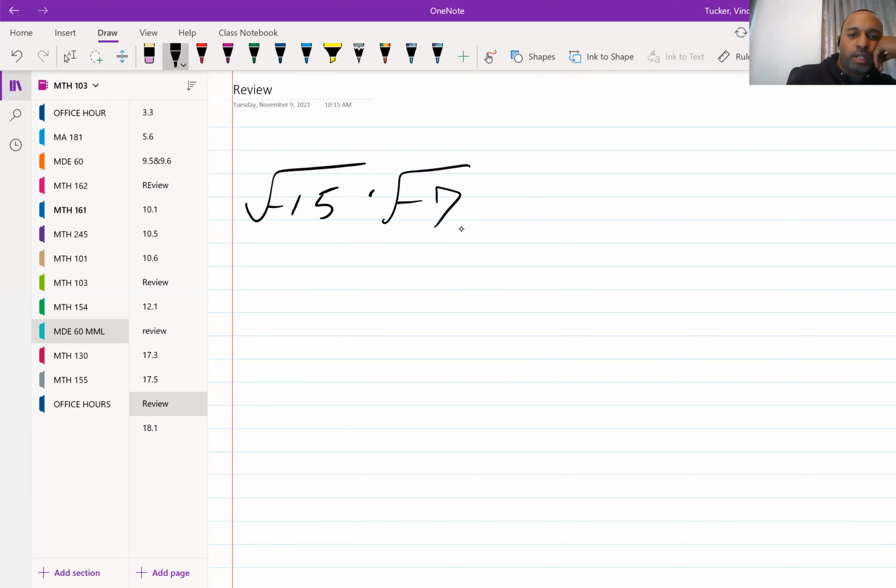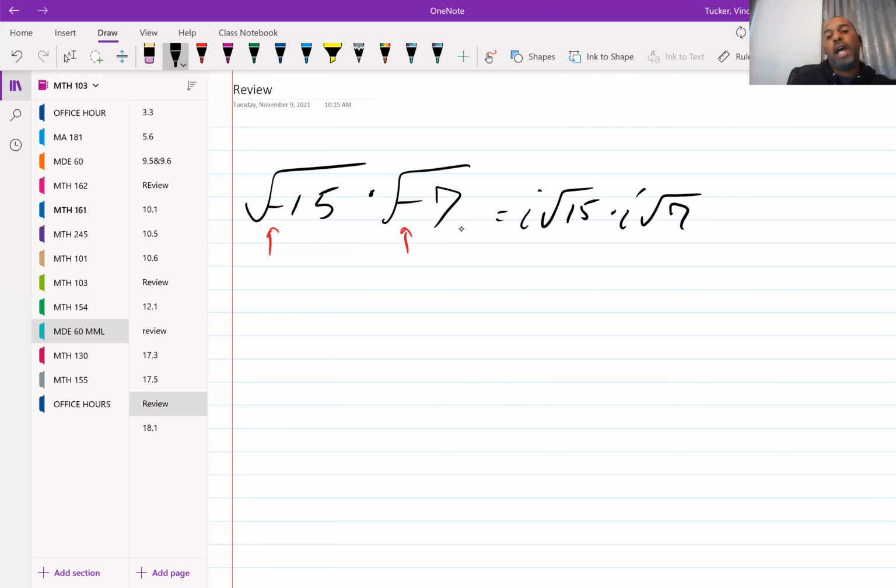The first thing you would do is take the i out. Because we have these negatives under the radical, you do want to recognize that first. So that's going to be i square root of 15 times i square root of 7.